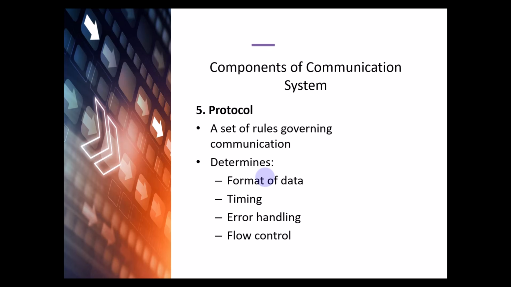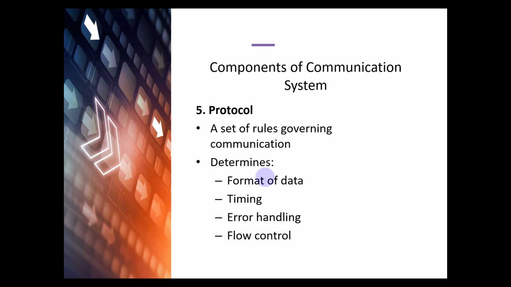Should I send bit by bit or can I send all of them? That defines flow control. And these are the basic things that protocols set rules on. So we say that protocols, these are the rules that will govern how devices communicate on a network.